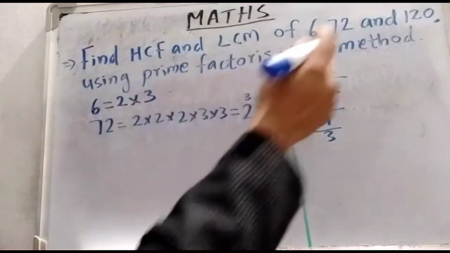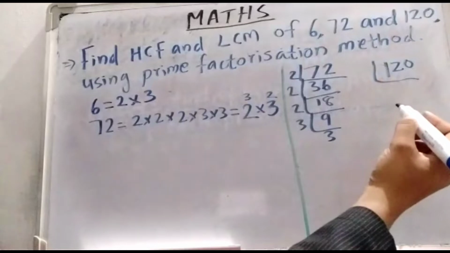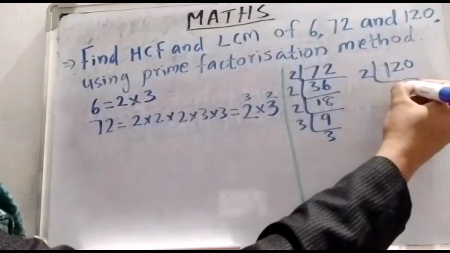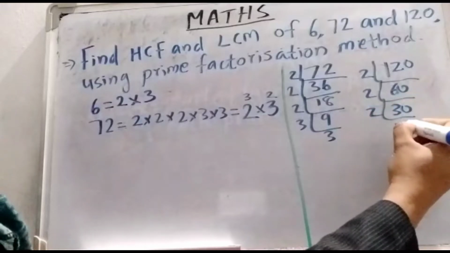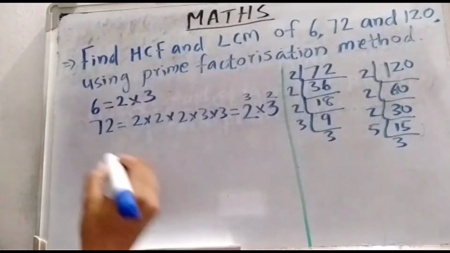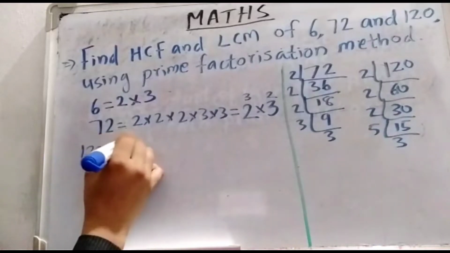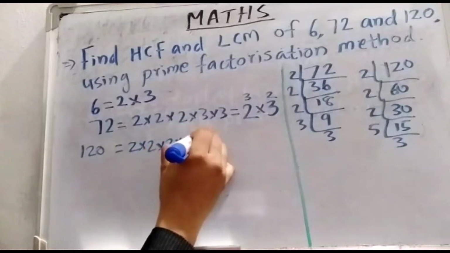The next number is 120. Just factorize 120 also. 2 into 60, again 2 into 30, 2 into 15, then 5 into 3. So 120 is equal to 2 into 2 into 2 into 5 into 3.